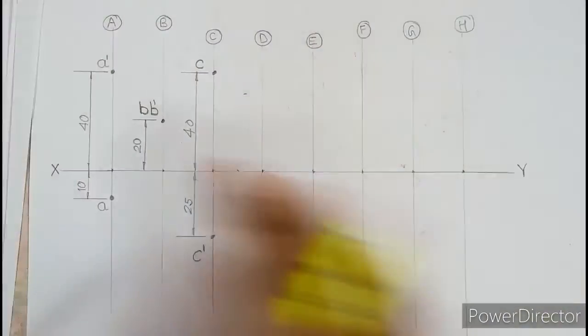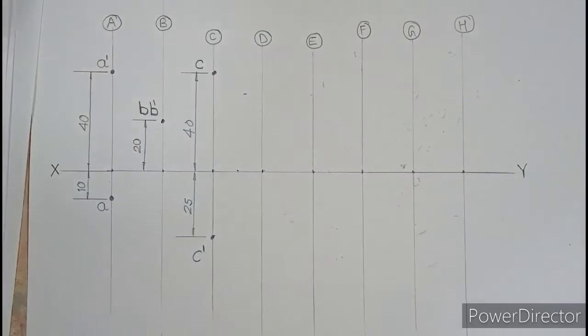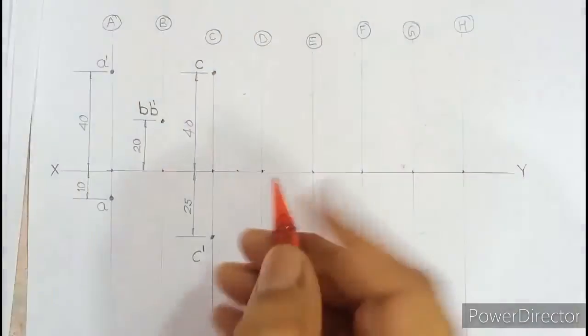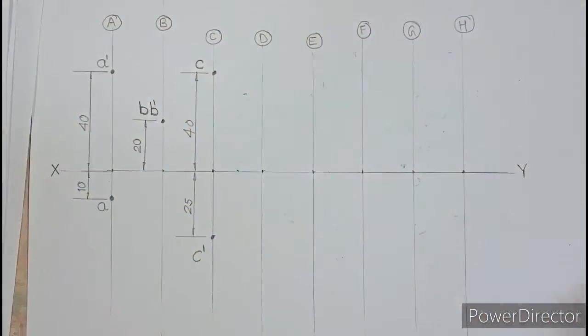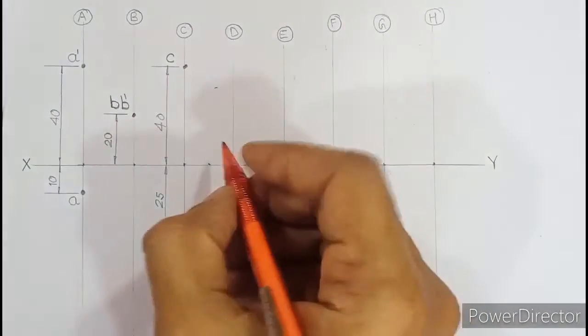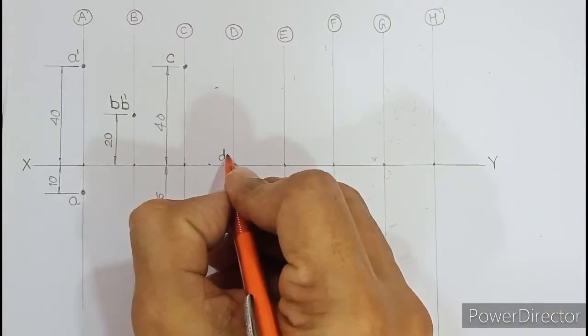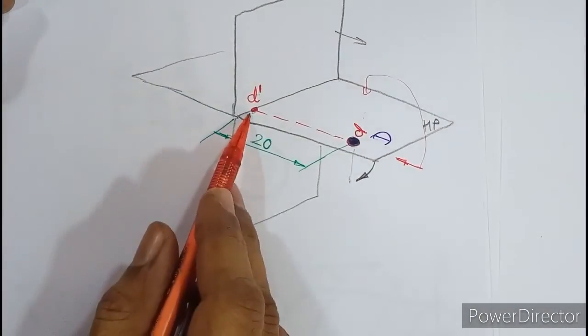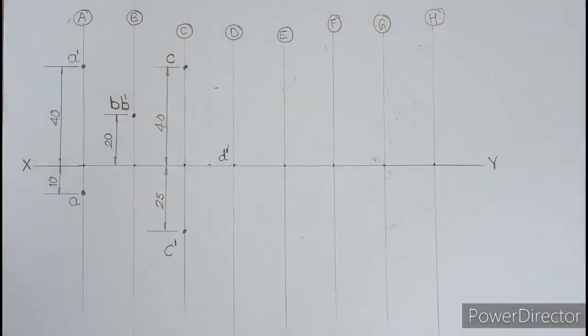So let us plot this here. I'll mark D dash on XY. D dash will be written here. So D dash is on XY and D will go down by 20.